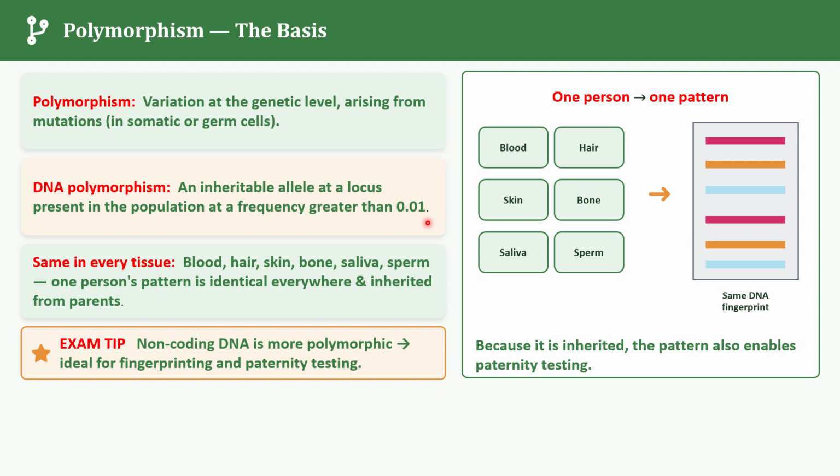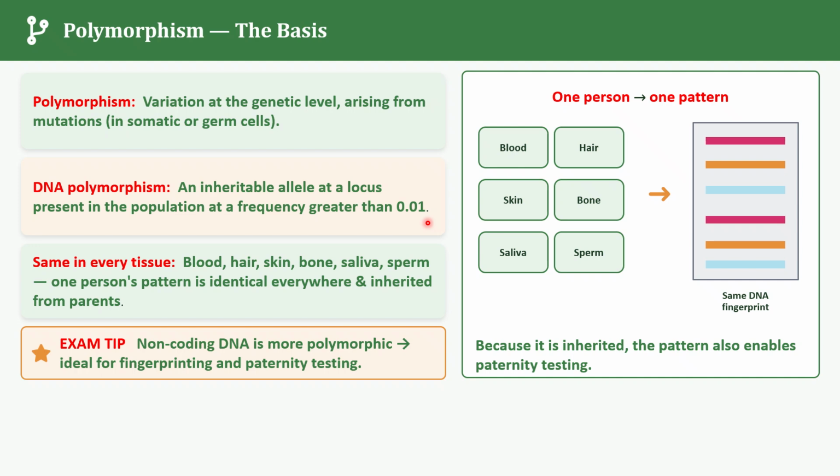In simple words, we can say this DNA polymorphism is an inherited variation in DNA that occurs at a significant frequency in a population.